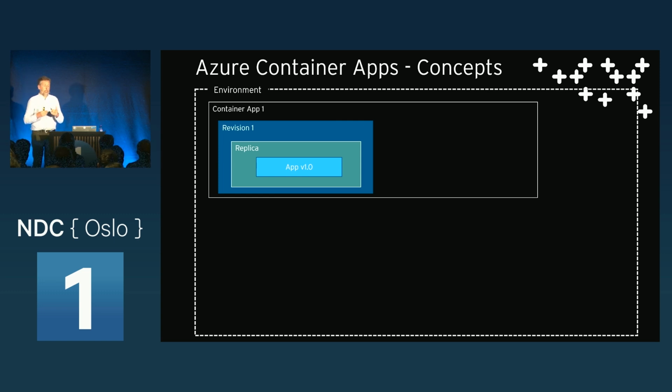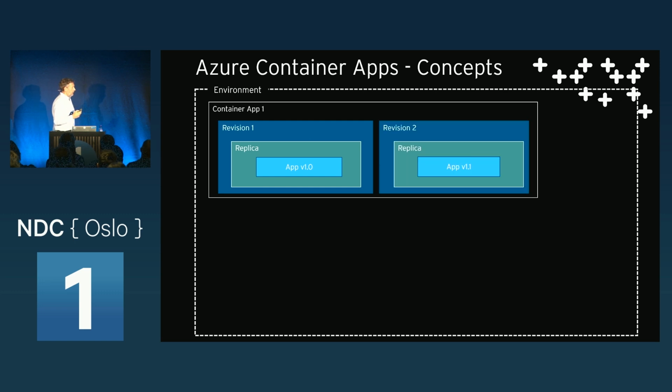And if you know how you work with containers, you know that you never really modify a running container. If you want to deploy a new version, you actually deploy a new container and then you tear the old container down. This is the same thing here, but it's called revisions. So if I deploy version 1.0, I get the first revision, and I can now access and run my application.